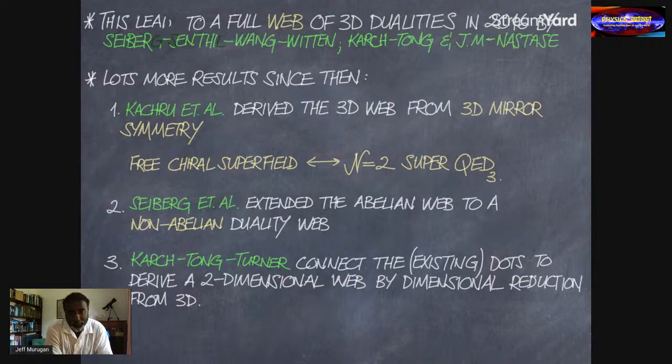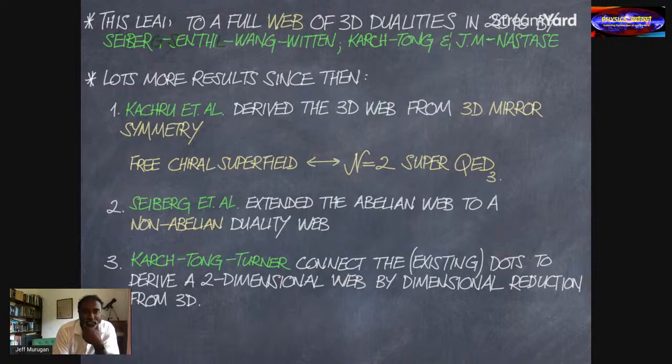And since 2016, a lot more results have been arrived at. Much too much to mention in this talk, so I'll just pick a couple of them for different reasons.